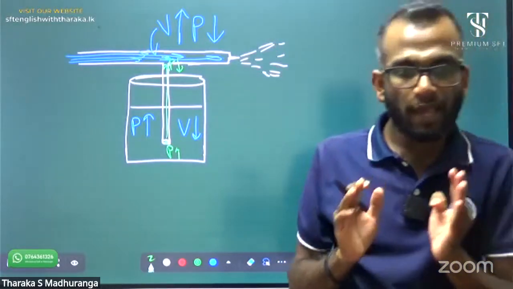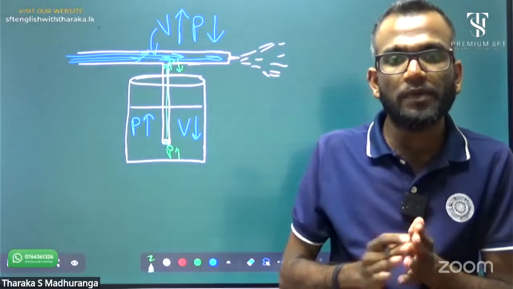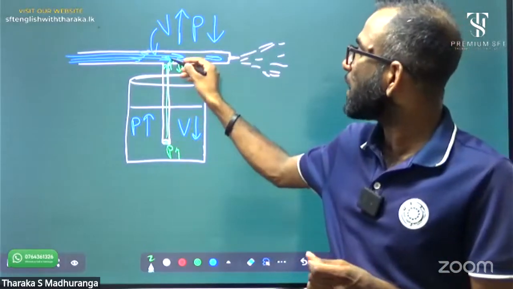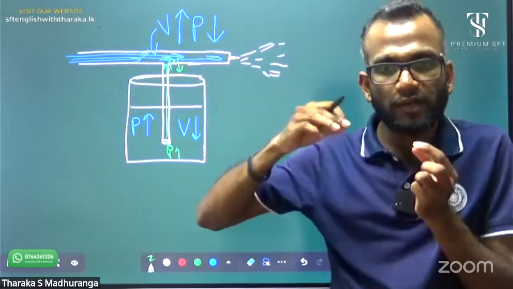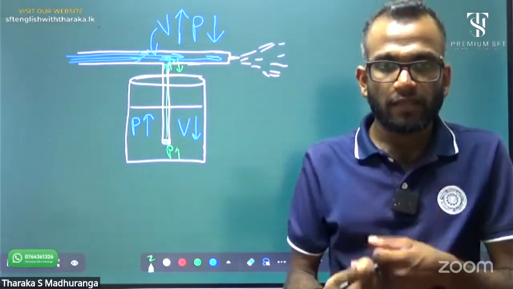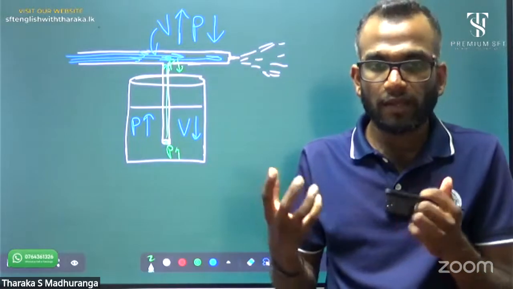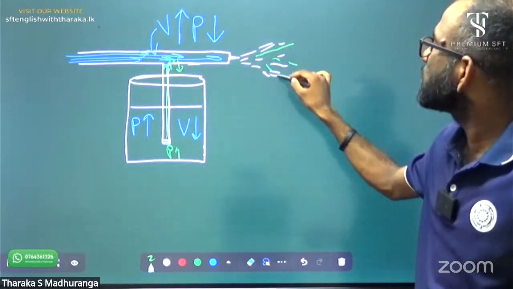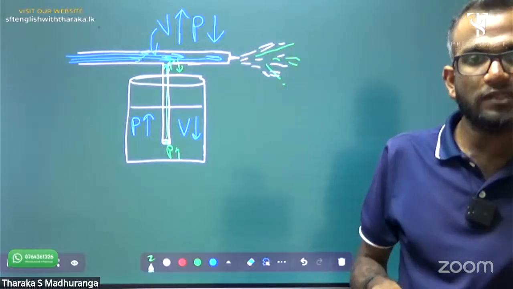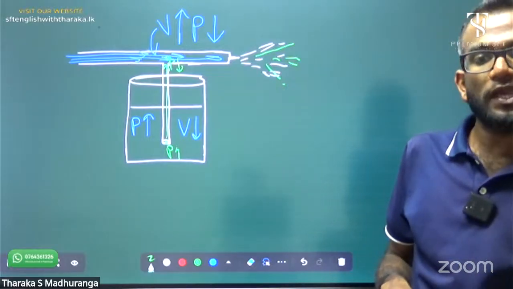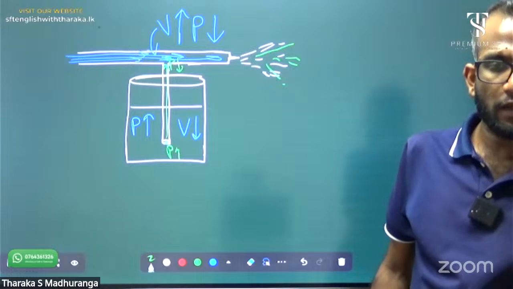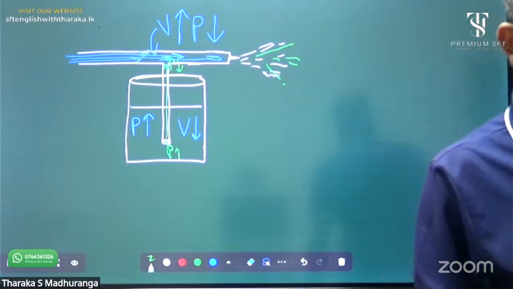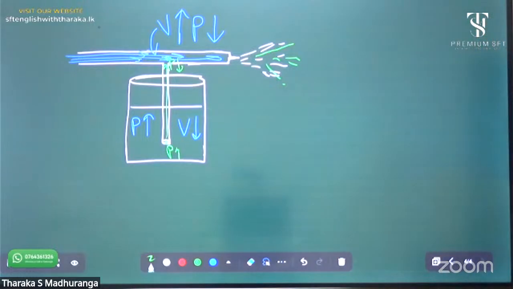As a result, at this point the fluid and air are mixing, then a liquid and air mixture is generated and sprayed from the spray machine. Okay, that's the mechanism of the spray machine. Understood? That's also Bernoulli's theorem.